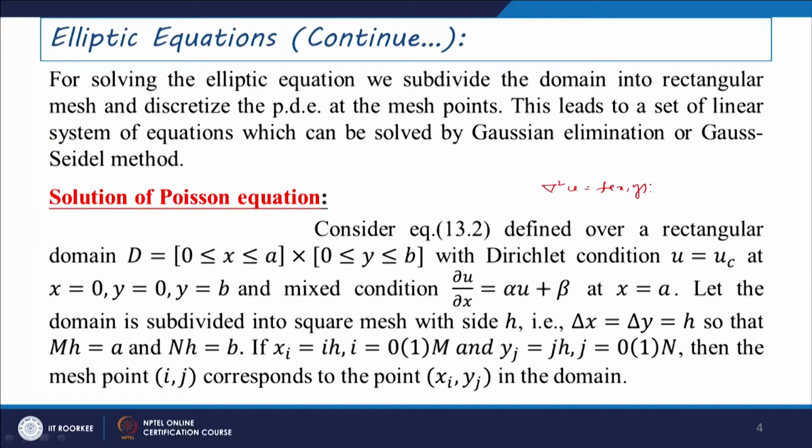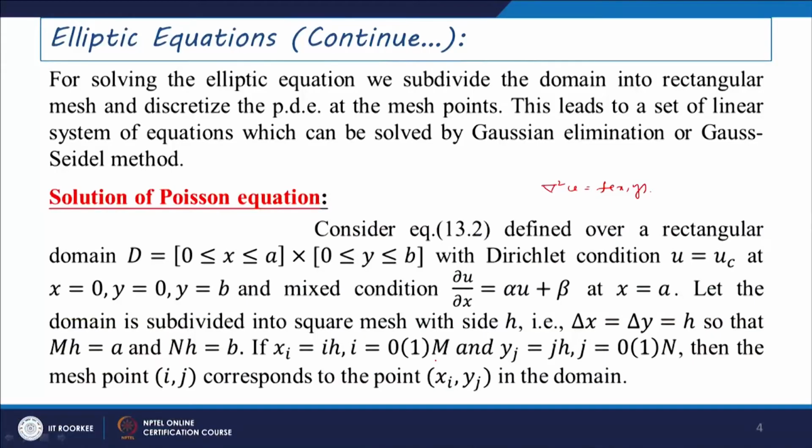If each of these independent grid points is denoted in the x axis as xi, it can be written as ih, where i varies from 0, 1, 2 up to m. So, this 0 to m means the point starts from 0, is incremented by 1, and moves up to the point m.